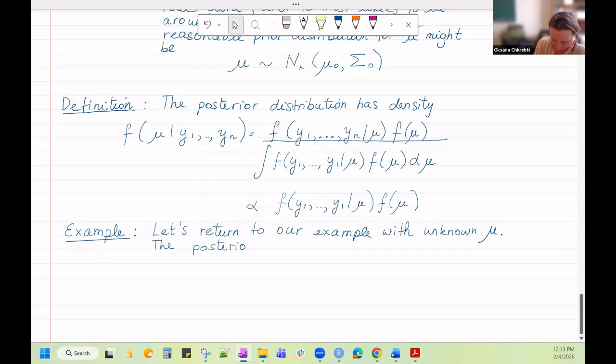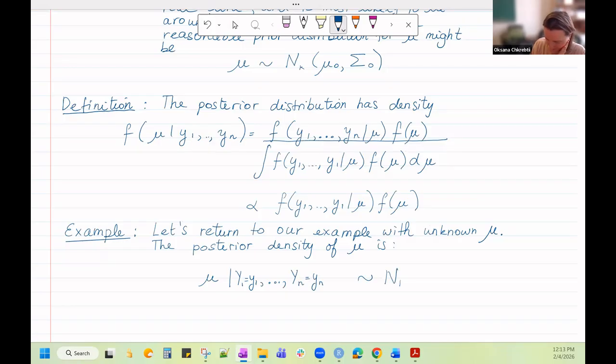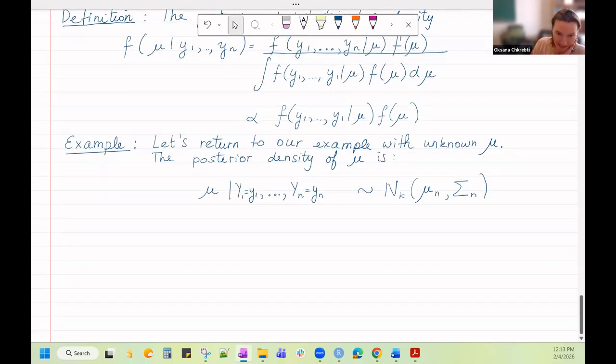The posterior density of mu is going to be multivariate normal with the following mean and covariance. And as you can see, the mean and covariance have a specific form.